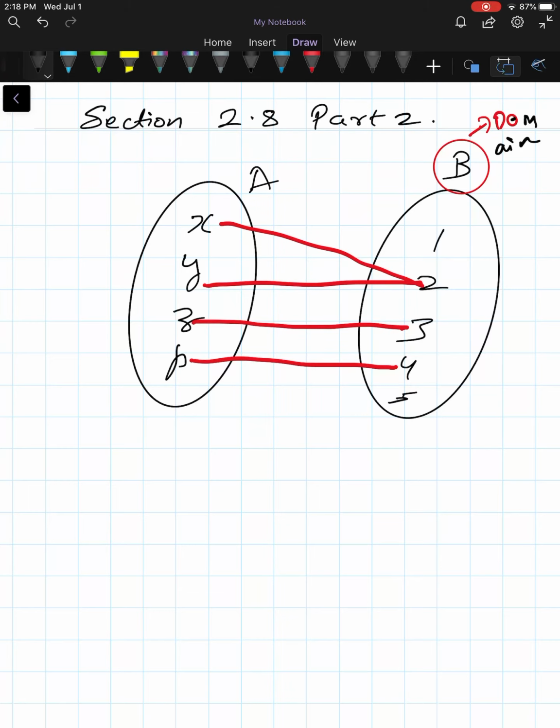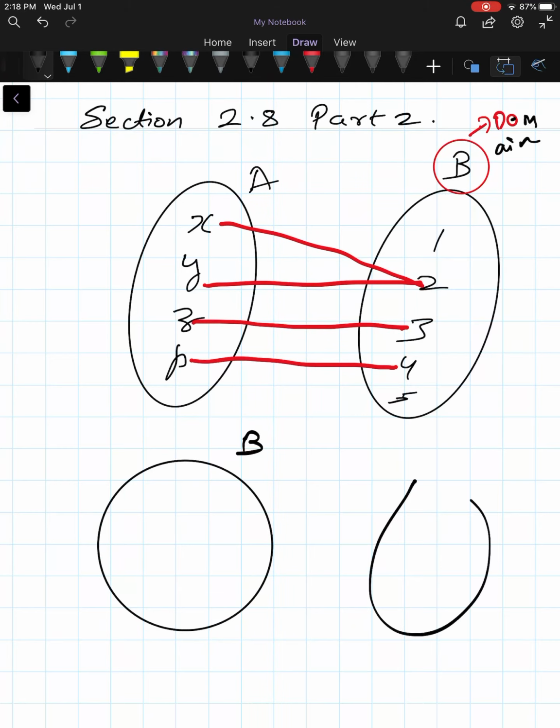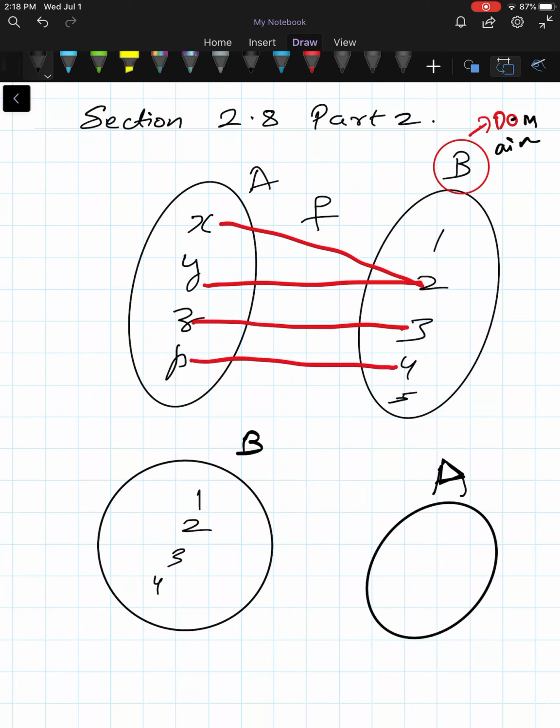So you will have B to A, and that should be defined by the same function F that you consider here. So 1, 2, 3, 4, 5 and X, Y, Z, P. So you will go in the reverse direction, that is from B to A.